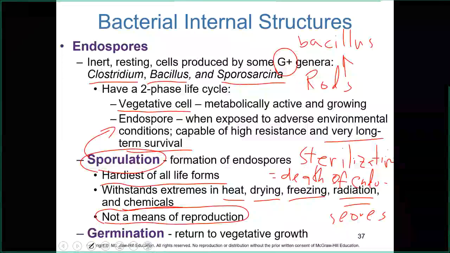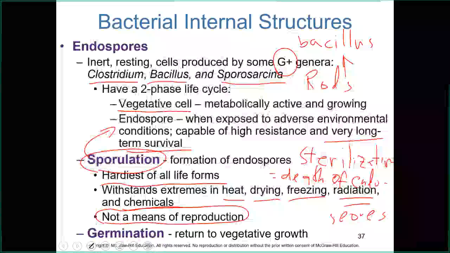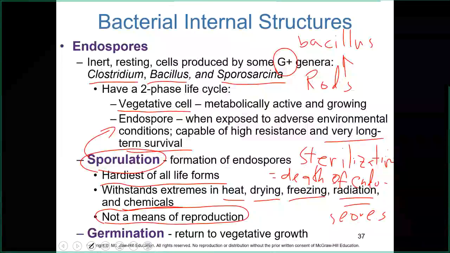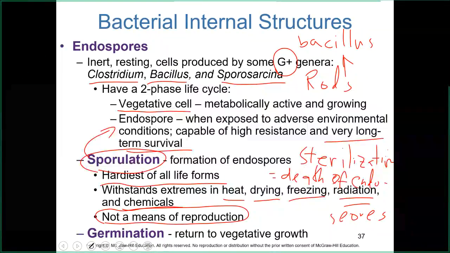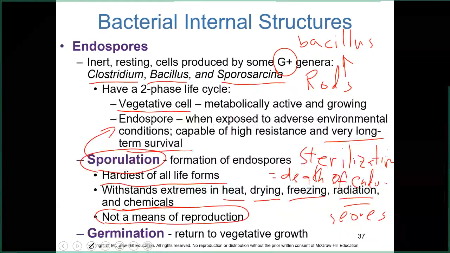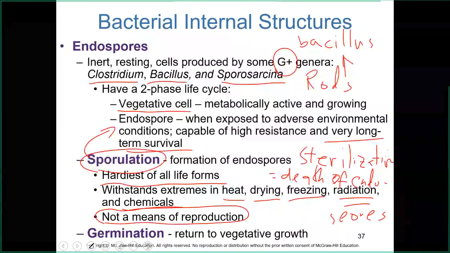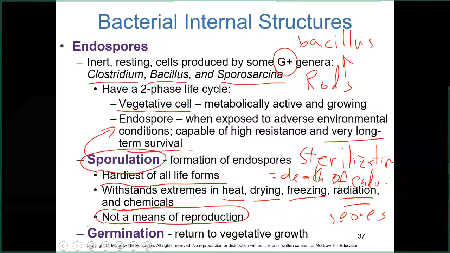Now, once the bad conditions have passed, those endospores can actually come back out of that form and revert back to being vegetative. They'll change morphology, they'll become really active, they'll lose the coat that was protective. And that process of returning to vegetative growth, you should know, is germination.